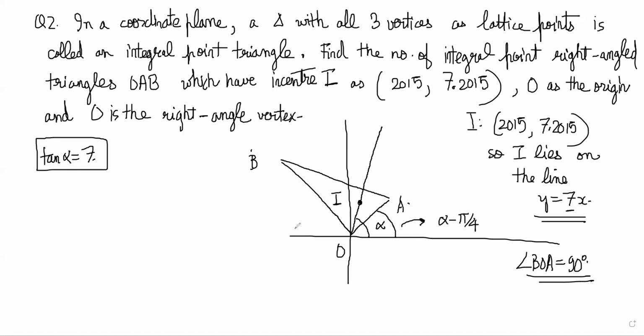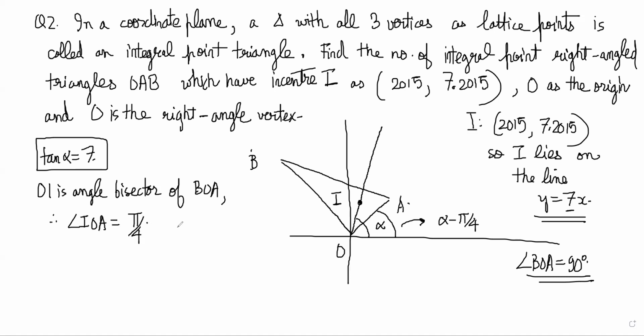Why alpha minus pi by 4? Because the incenter will lie on the angle bisector. OI is the angle bisector of BOA. Therefore, we know that angle IOA is equal to pi by 4. So angle AOX should be alpha minus pi by 4.